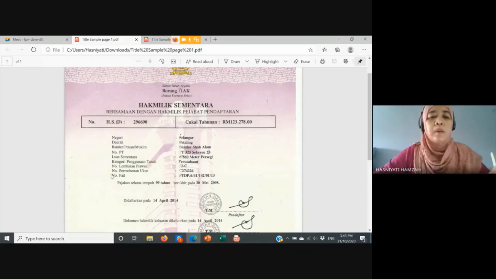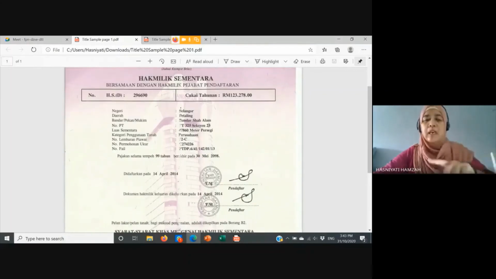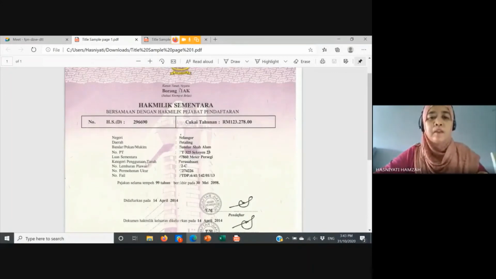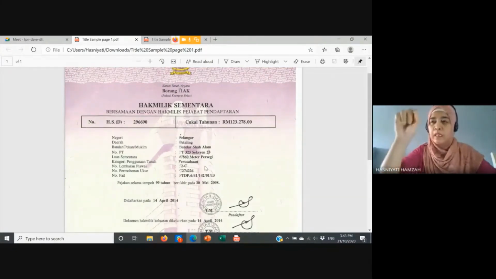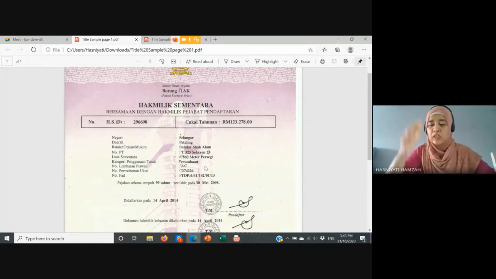If you want to buy the layout plan, you can go to the Department of Survey and Mapping, cite them this figure C274, and they will print you a site plan of the lot, whereby you can see the boundaries, the boundary stones, the dimensions, the length, the width, whatever.